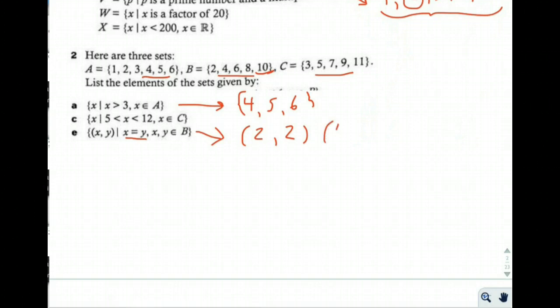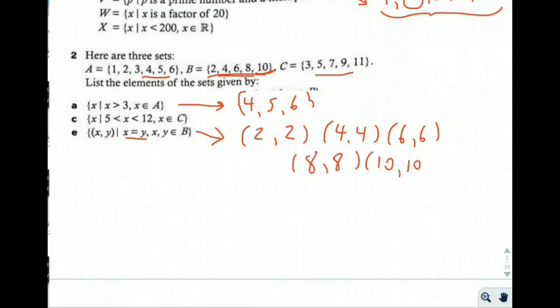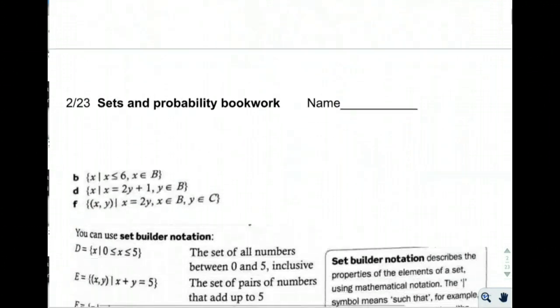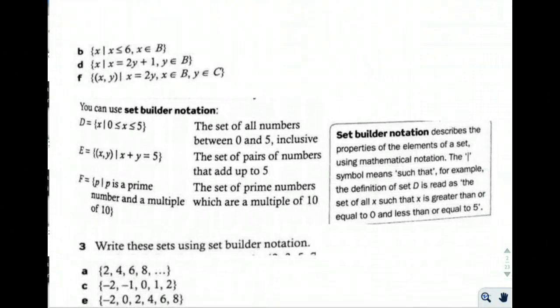Now what else could you have? You could have (4, 4), (6, 6), because these are all numbers from the set B, (8, 8), and (10, 10). Okay, and moving on. How about this one?